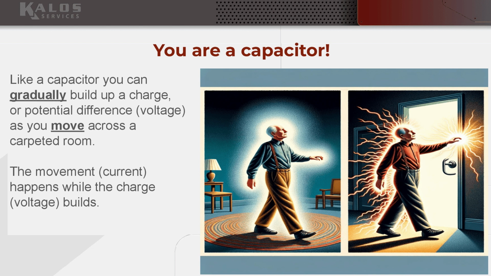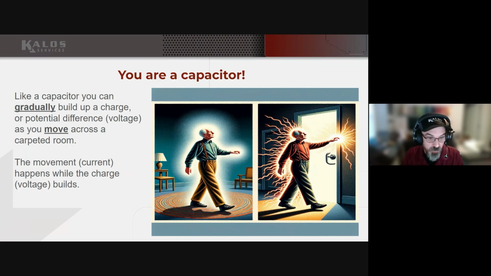So your voltage, your potential, is sort of lagging your movement. I don't know if that helps, but I was trying to think of a way to visualize how the charge in a capacitor will allow some current to flow through it. It doesn't actually flow through it, but as a charge builds on one plate, it repulses the opposite charge on the other plate. But the actual potential of that capacitor sort of lags.